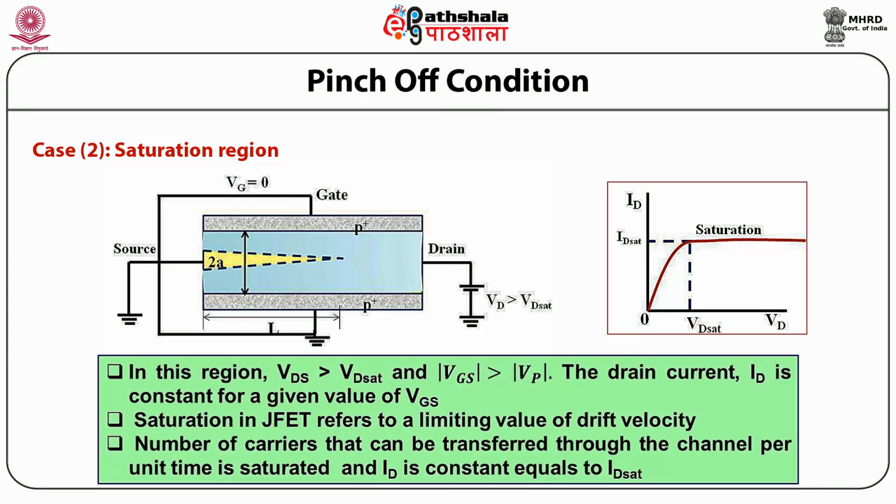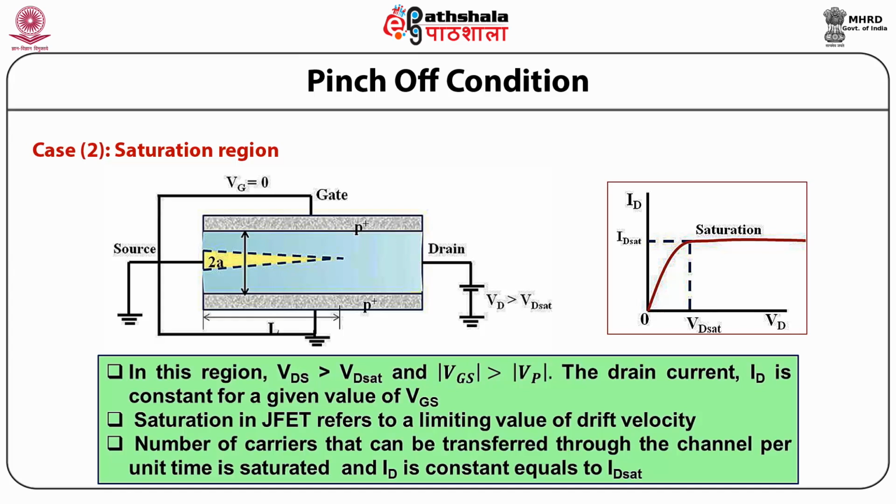In this region, where VDS is greater than VD saturation or Vp, the drain current ID is constant for a given value of VGS. So the saturation in JFET refers to a limiting value of drift velocity.